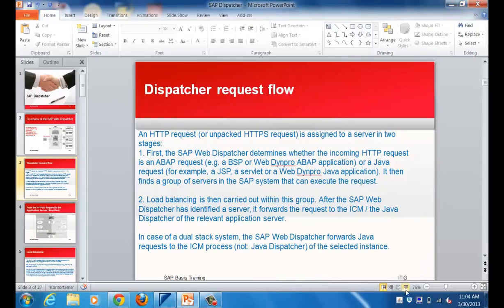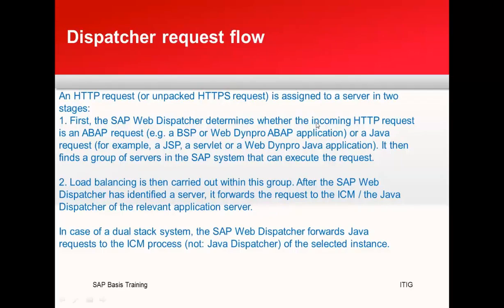So the first step, as we saw, is that the web dispatcher determines whether the incoming HTTP request is an ABAP request, which could be a BSP or a WebDynpro, or a Java request. Java could be a JSP, a servlet, or a WebDynpro Java application. Once it has determined the type of the request, it finds a group of servers in the SAP system that can execute the request.